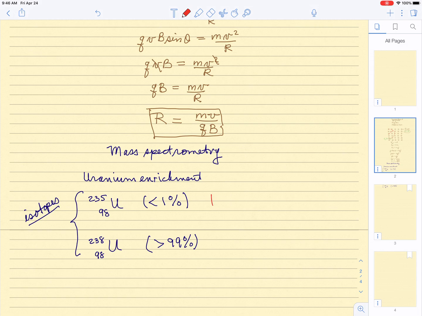So uranium 235, we say, is fissile. That is that it's able to undergo fission.